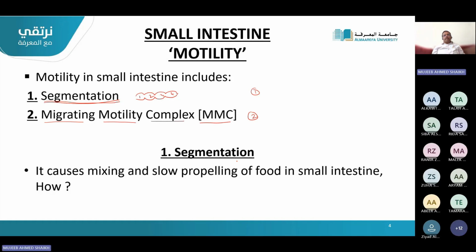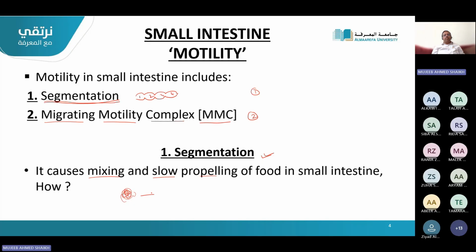What is the role of segmentation? How is segmentation helpful for our body? It causes mixing and slow propelling of the food. First, it will mix the food. The partially digested food particles will be mixed because of segmentation.